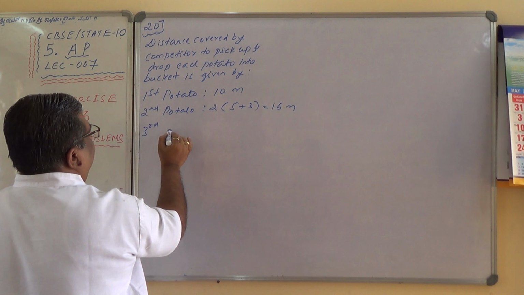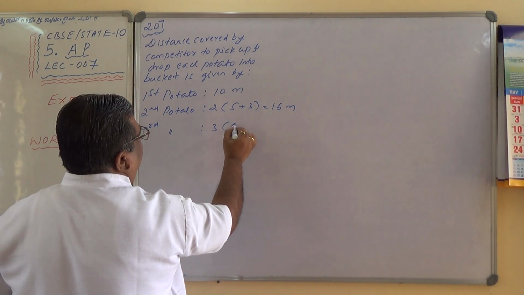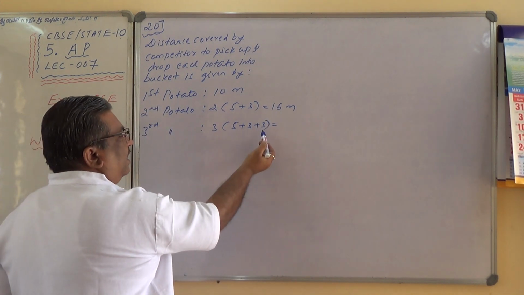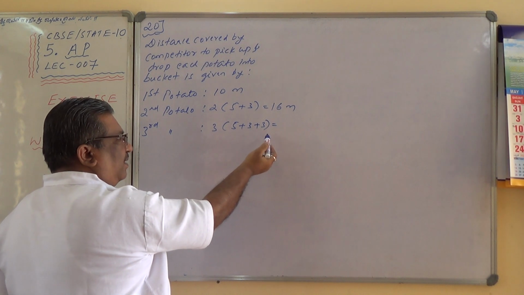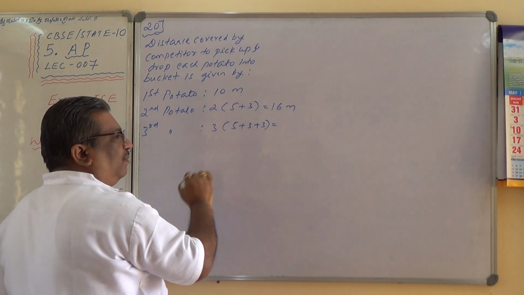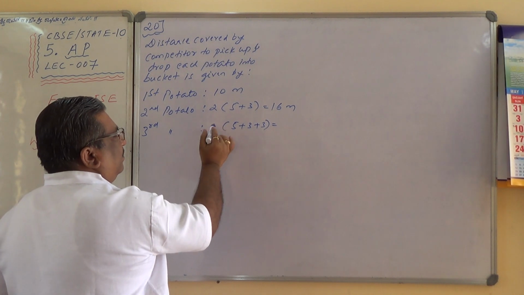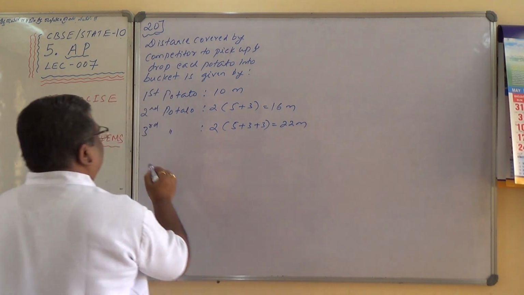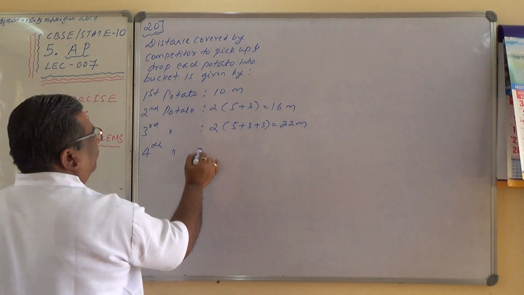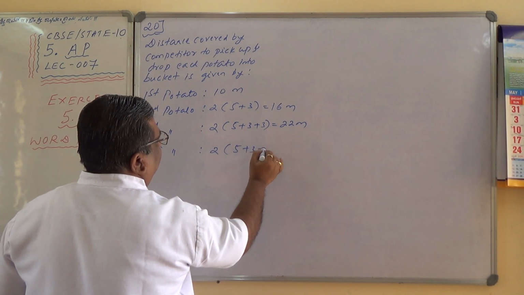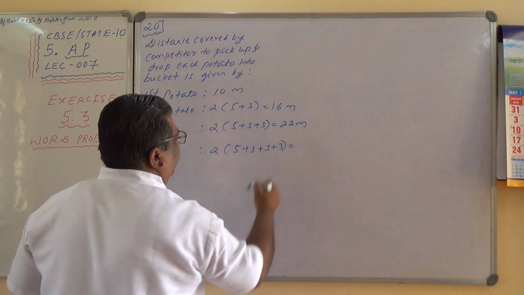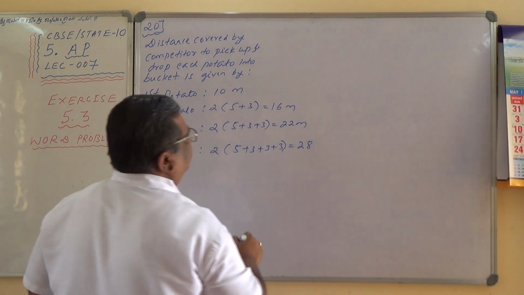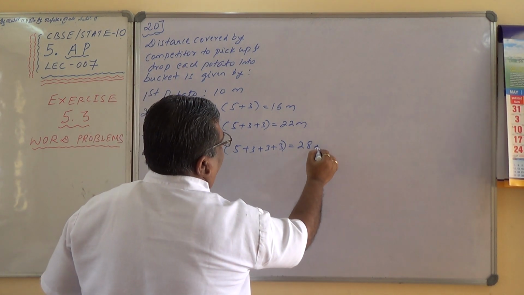Third potato, 2 times 5 plus 3 plus 3. The third potato is at a distance of 5 meters plus 3 meters plus 3 meters, that is 11 meters from the bucket. So 2 times 11, and therefore this is 22 meters. Fourth potato, 2 times 5 plus 3 plus 3 plus 3, which is 14 into 2, 28 meters.